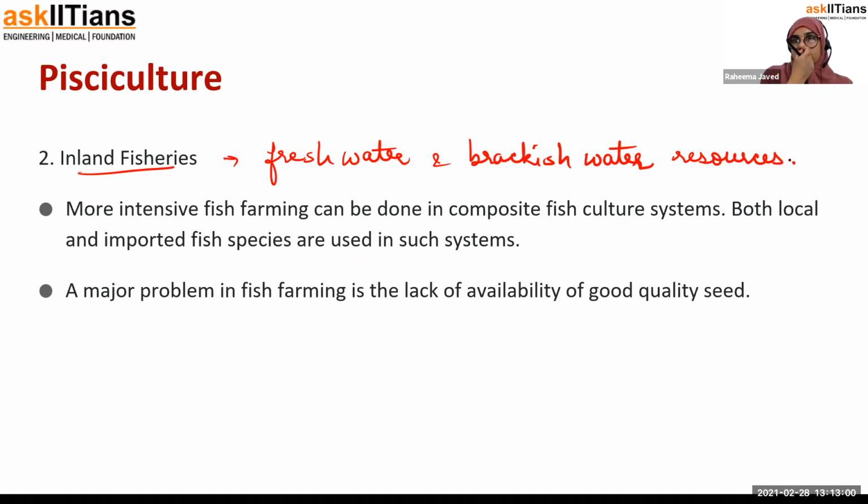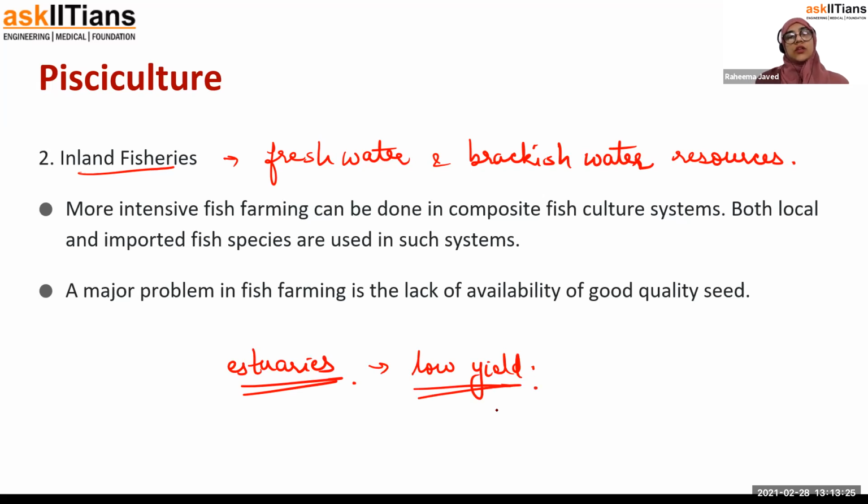Like I already said, brackish water is where the seawater gets mixed with the fresh water, and these places are known as estuaries. Fishes can be obtained from here, but the yield is low.